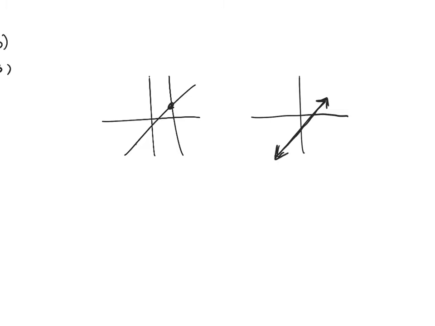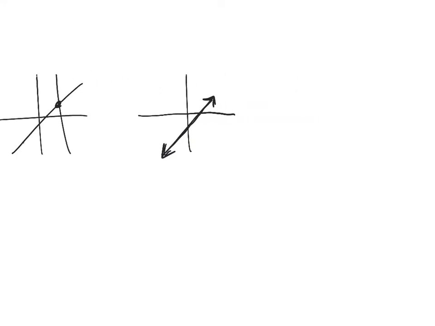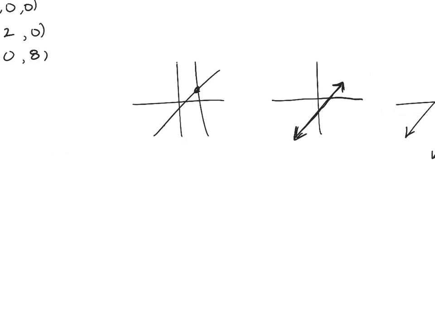In that case, it was called a dependent system, and there were infinitely many solutions. The third option was that the lines were parallel and did not intersect. In that case, that was called an inconsistent system. It had no solution. Those were the 3 options in 2 dimensions in section 5.1.